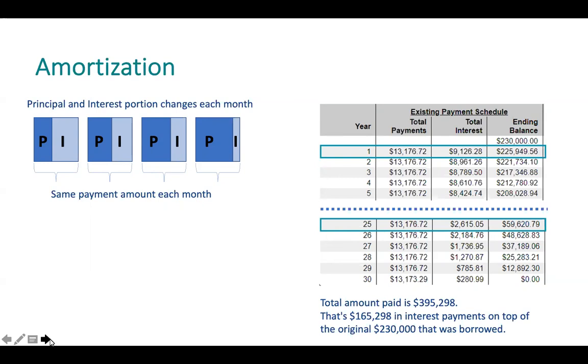So you can see how, as the portions and ratios shift, eventually the loan will be paid off. But on this loan, they borrowed $230,000, yet end up paying a total of $395,298. So that's a total of $165,000 just in interest.